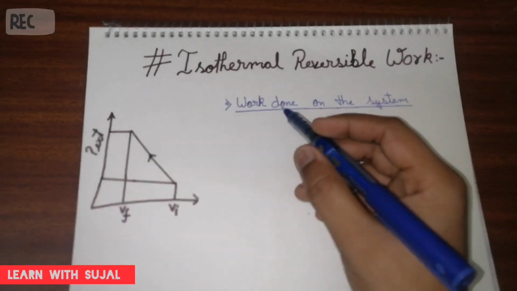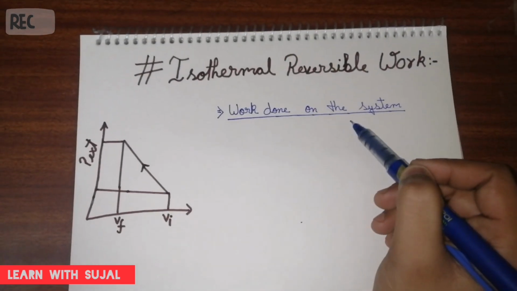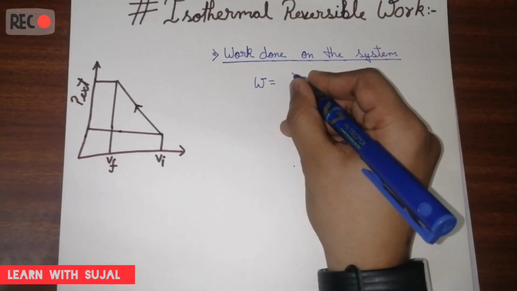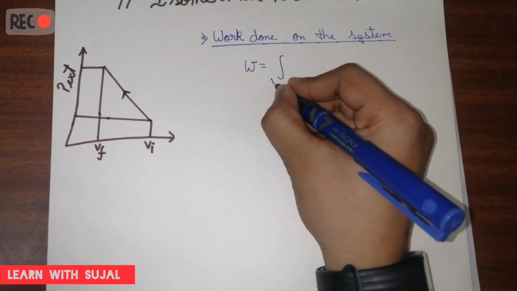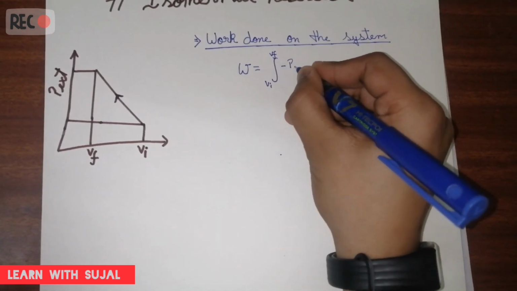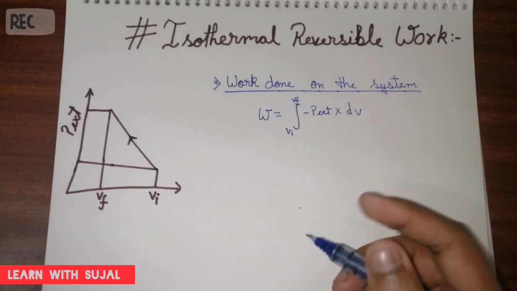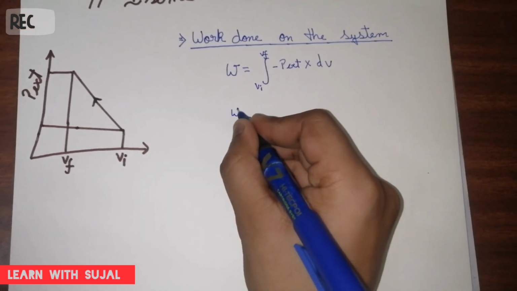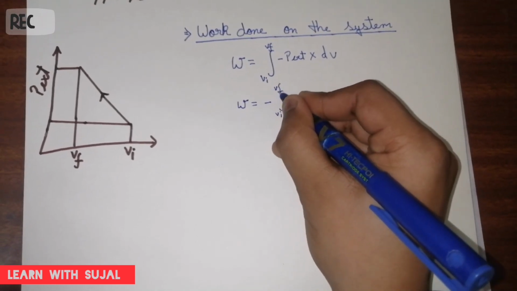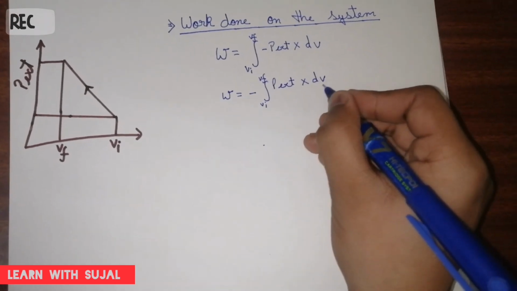So now let's talk about the isothermal reversible work. So here is the graph and work done on the system. Its formula will be work is equal to integral Vi to Vf of minus P external into dV, where V is volume.